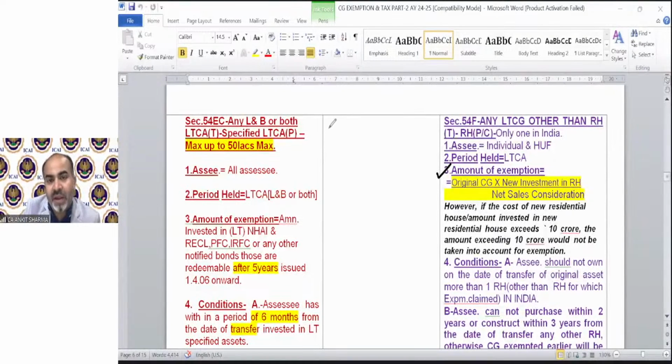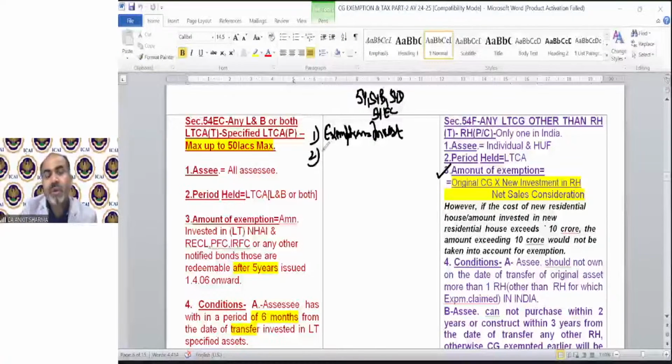For the purpose of finding exemption, the exemption is equivalent to the investment amount in normal exemptions: section 54, 54B, 54D and 54EC. What is the exemption? The investment amount, subject to the maximum limit. Clear?